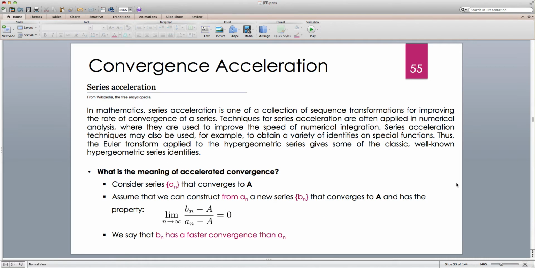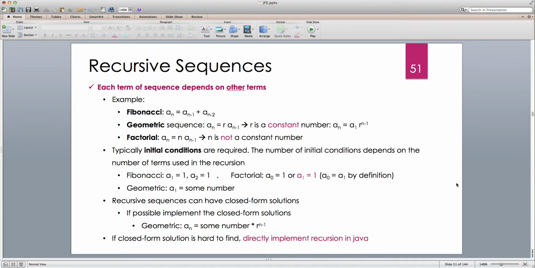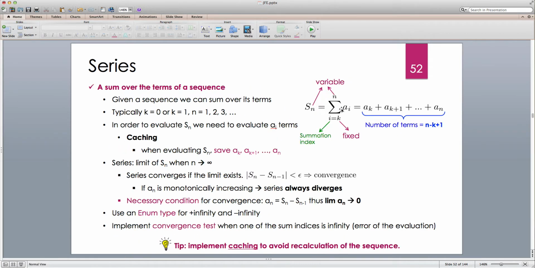But then here's the new topic, which is called convergence acceleration. The idea for convergence acceleration is that most of the time, if you have a sequence and you want to find its limit, the sequence has a very slow convergence, which means if you want to get a good approximation for the limit of the sequence, you have to evaluate the sequence at a very large number.